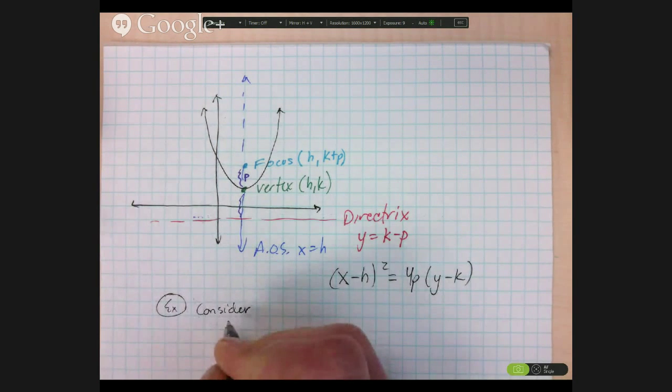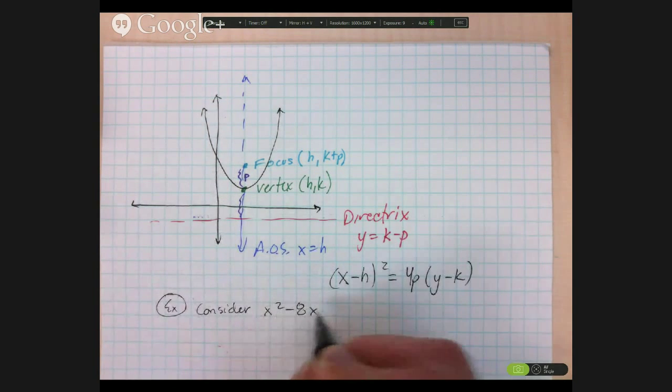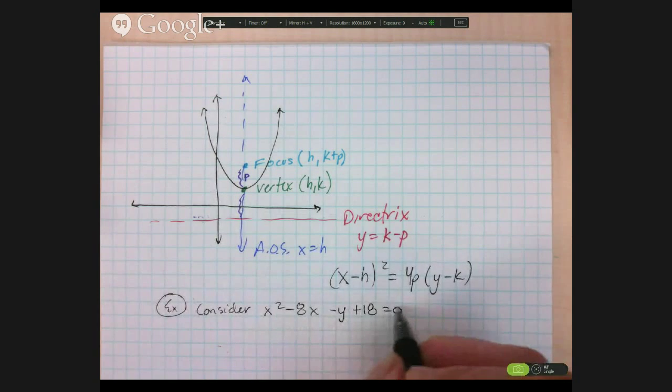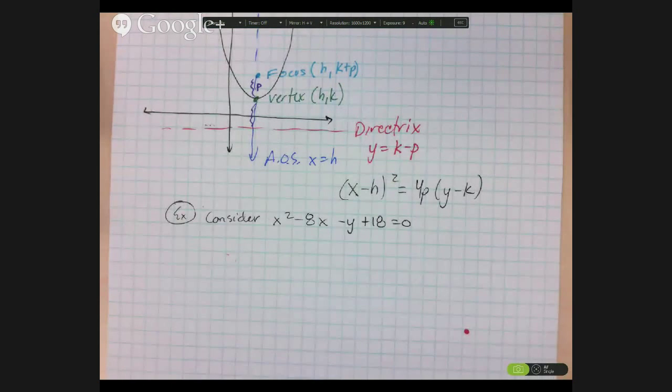So I'm going to give you a little bit more difficult one. It's not even close to the format that we need. x squared minus 8x minus y plus 18.